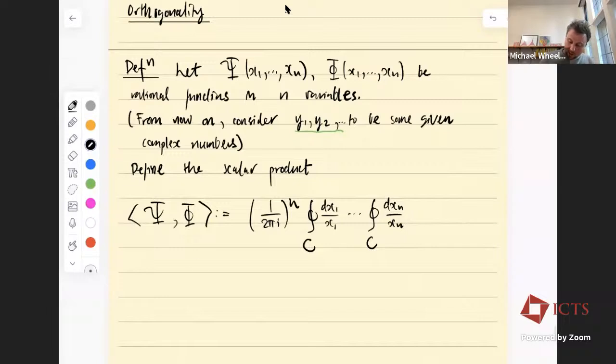And then the integral has the following factors. So it has, first of all, this product here, which is basically a Vandermonde divided by a q-Vandermonde.